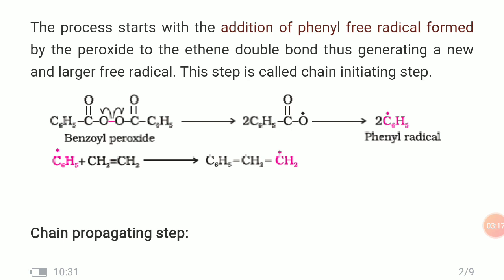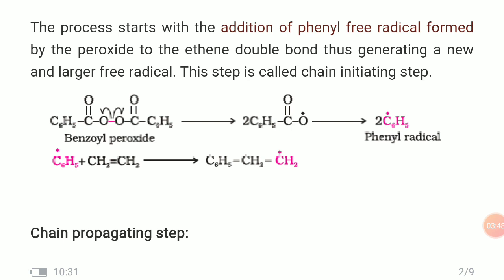This pi bond breaks in the ethene molecule and homolytic fission occurs. Each of the two carbons gets one electron.